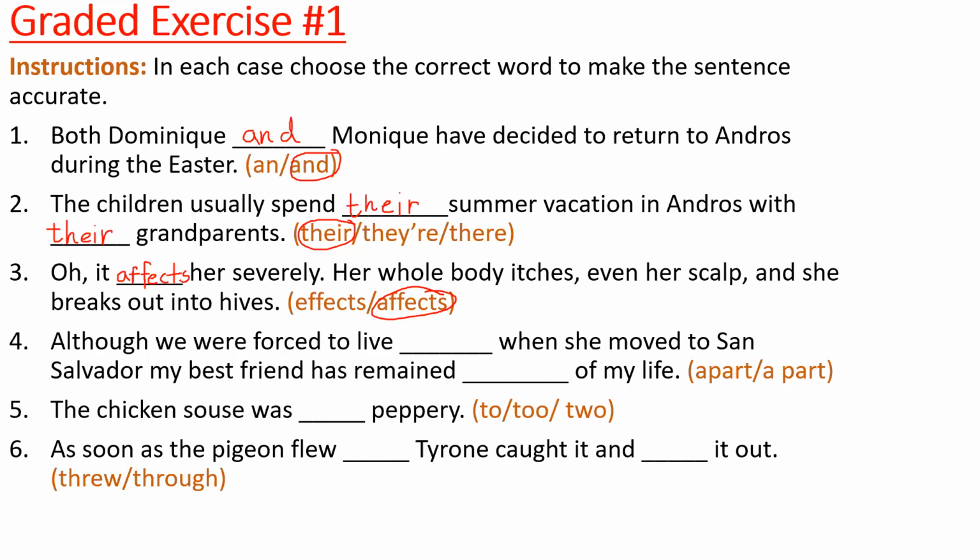Although we were forced to live blank, when she moved to San Salvador, my best friend remained blank of my life. What is this? The first blank is apart, and the second blank is a part.